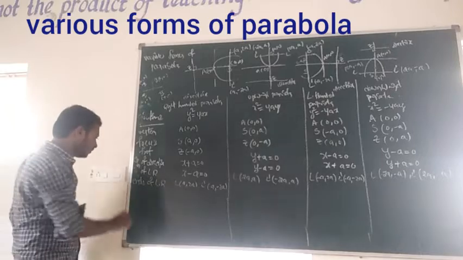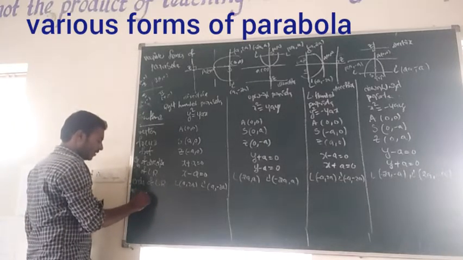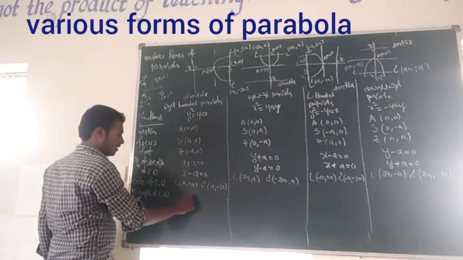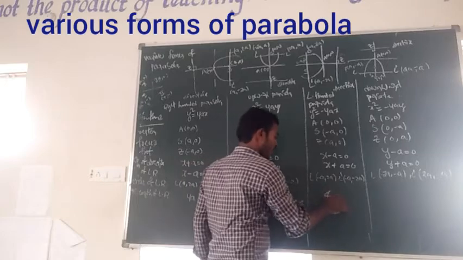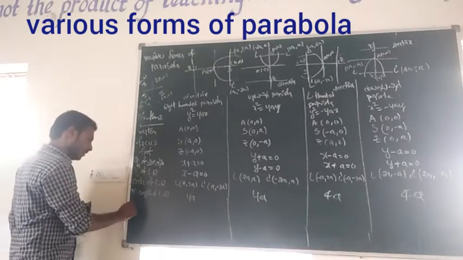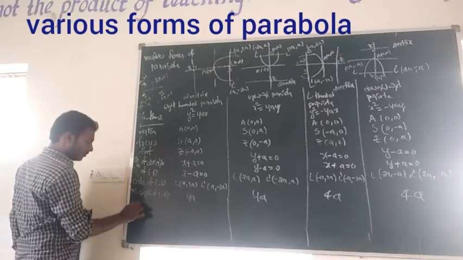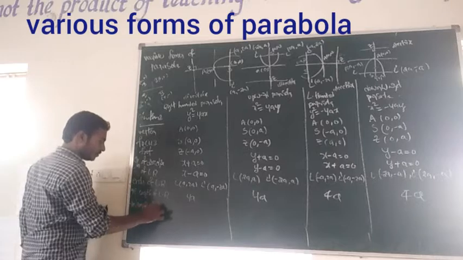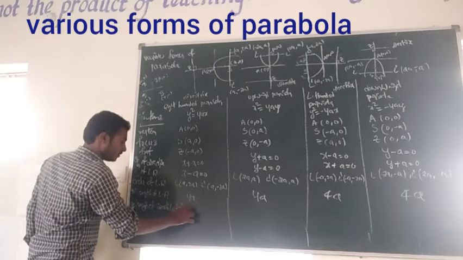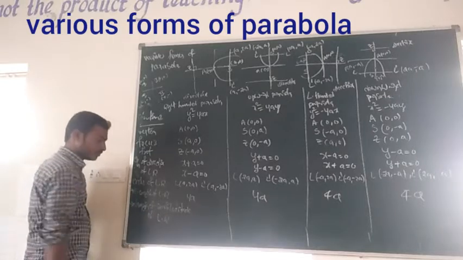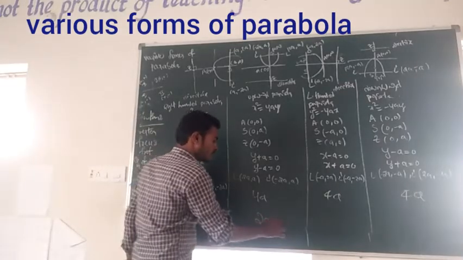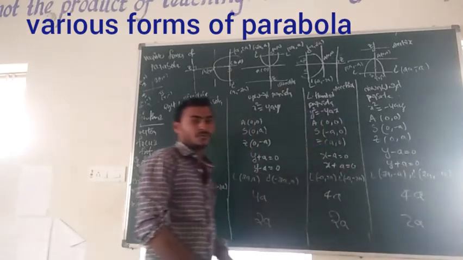After getting the ends of the latus rectum, the important thing is the length of the latus rectum. The distance between these two points is 4a in each case. The semi-latus rectum is half the length of the latus rectum, so it is 2a in each case.